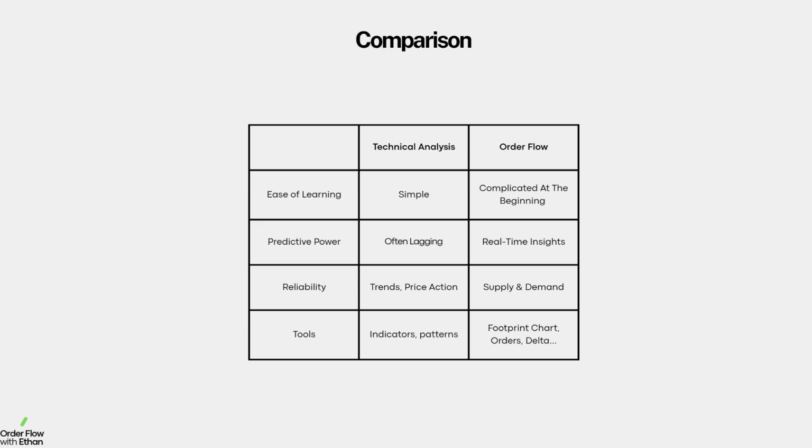And in tools, for technical analysis you're just following indicators and patterns, VWAP, MACD, RSI, whatever they call it, stupid stuff that was made for you to keep losing money, and you still trust it in 2026. But for order flow, you have footprint charts, you have orders, you have delta, all those things that help you understand who's stronger and who is weaker.